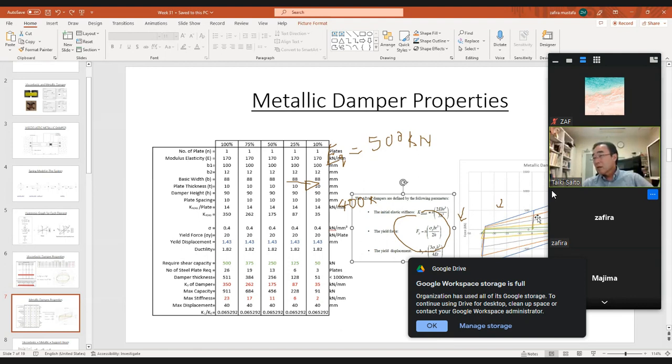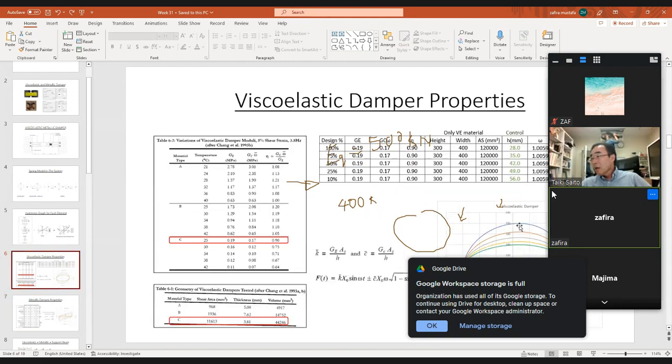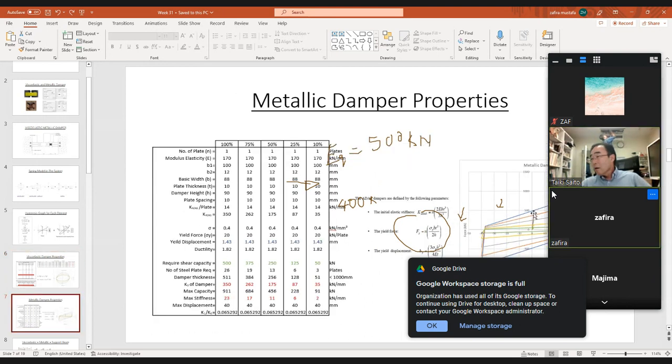So for example, 400 here, but for the metallic, it will start yielding. For the viscoelastic, the maximum is 400. And if the axial force is more than 400, the metallic damper will start to deform and dissipate energy.